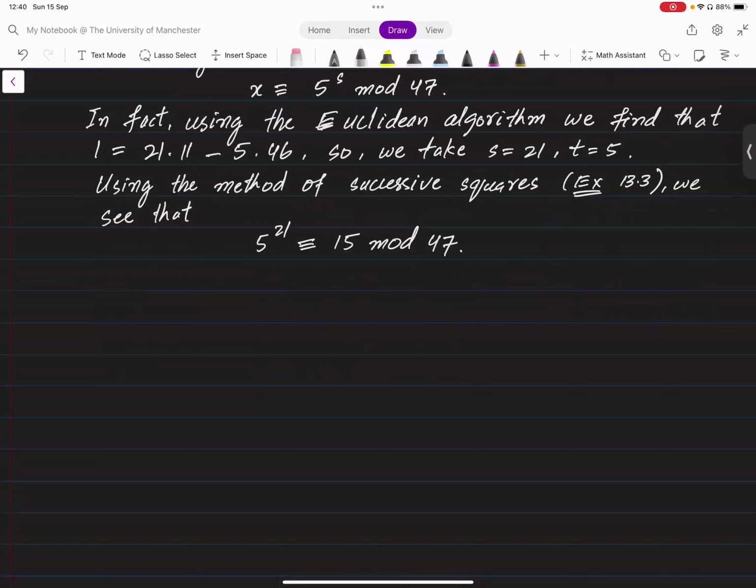This shows that x mod 47 being 15 is the only possible solution.